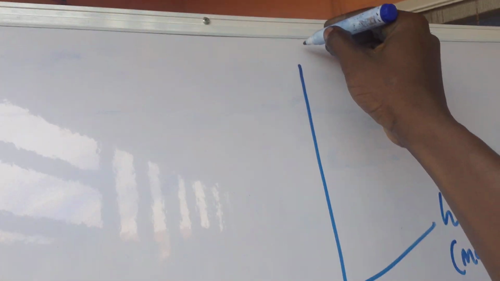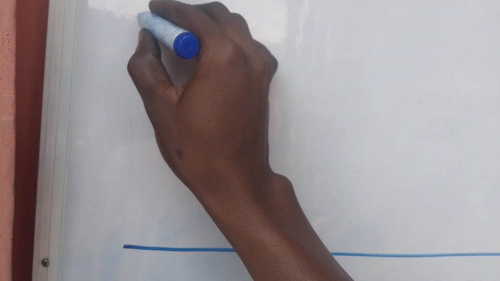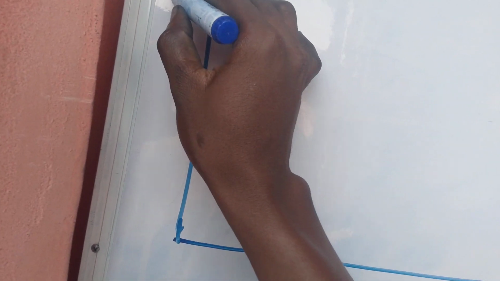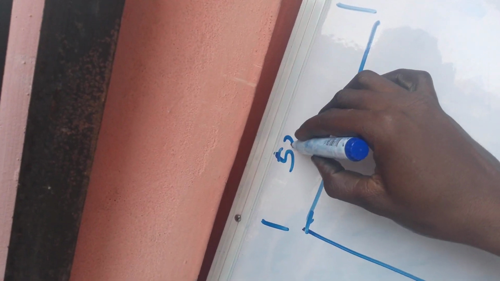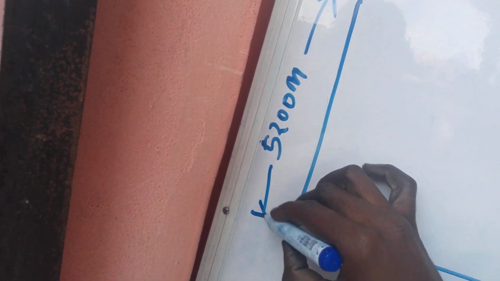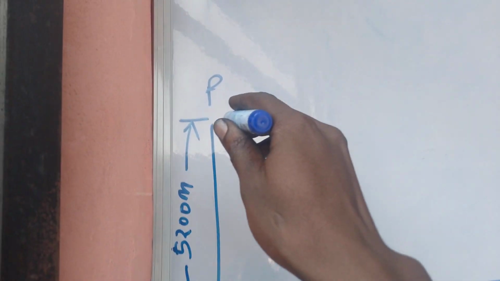The top of this hill is T. Given that P is 5,200 meters above sea level, so if we assume that this is sea level, the distance from here to here is 5,200. So P is 5,200 meters above sea level.